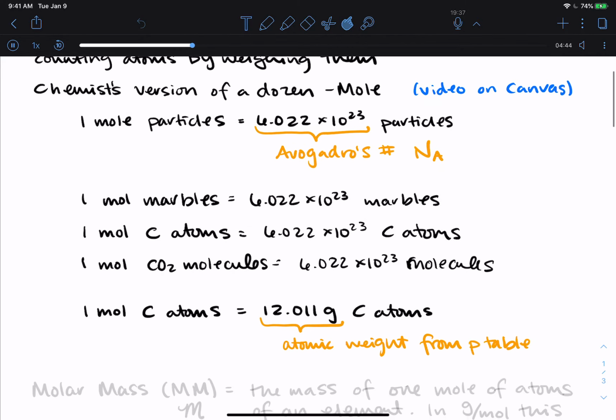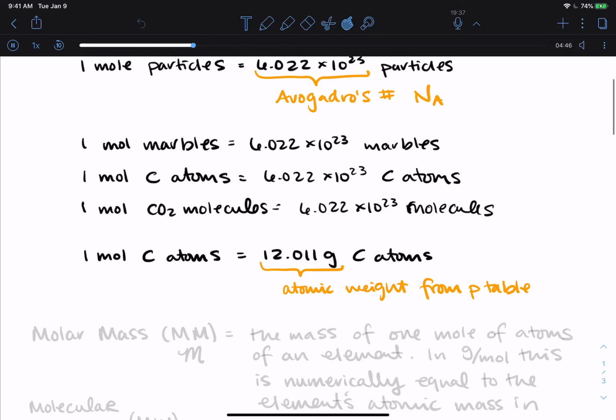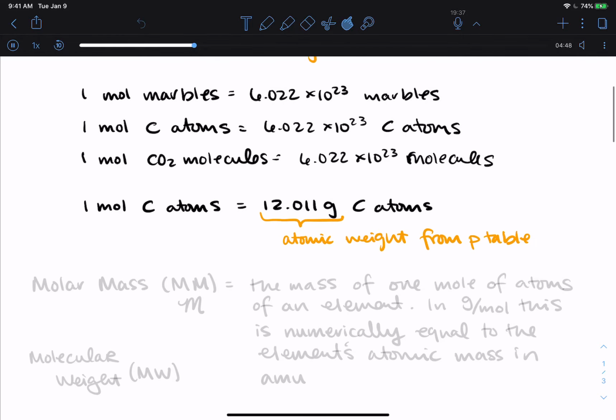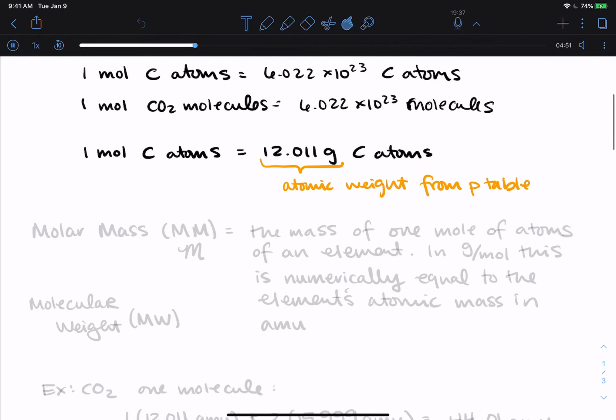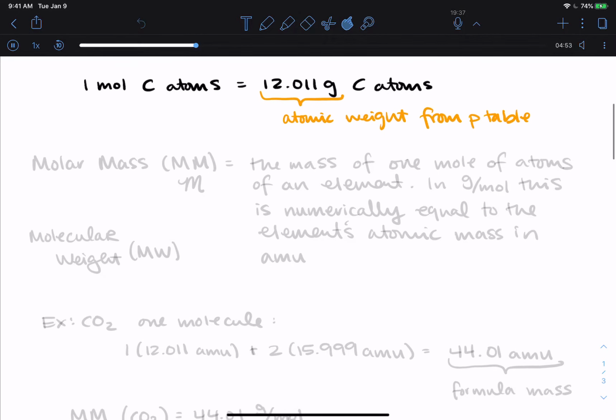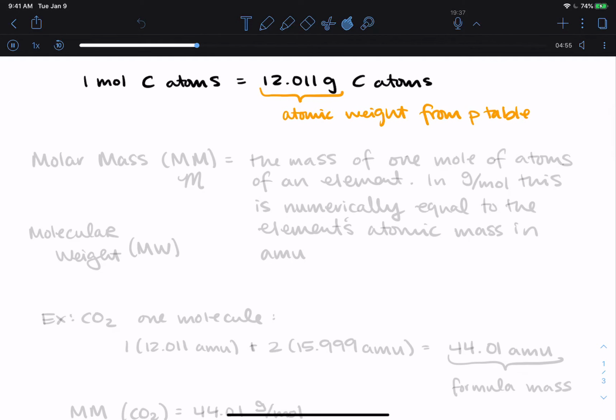So this is what we call the molar mass. So we've got moles, which are Avogadro's number worth of particles. And when we connect that to the actual mass, we call it the molar mass, which you will see abbreviated with just 2 capital M's. Sometimes in textbooks you'll see it as just a big uppercase fancy M, but it still means molar mass.